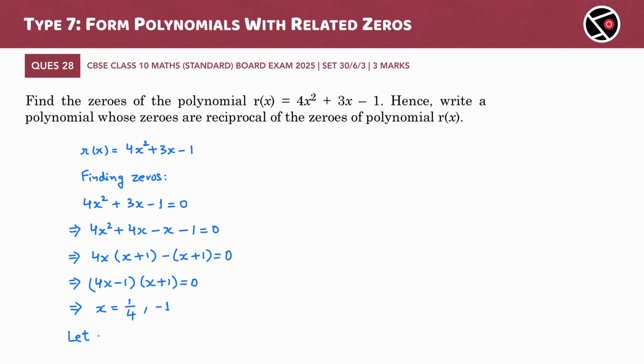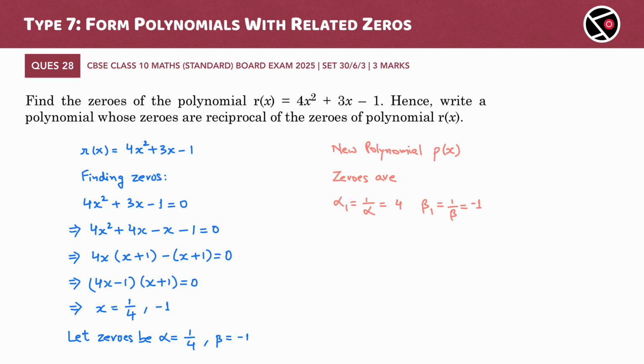We have two zeros. Alpha equals 1 over 4 and beta equals minus 1. Now the zeros of the other polynomial are the reciprocals of these zeros. Zeros are alpha 1 equals 1 over alpha, which is 4. Beta 1 equals 1 over beta, which is minus 1.